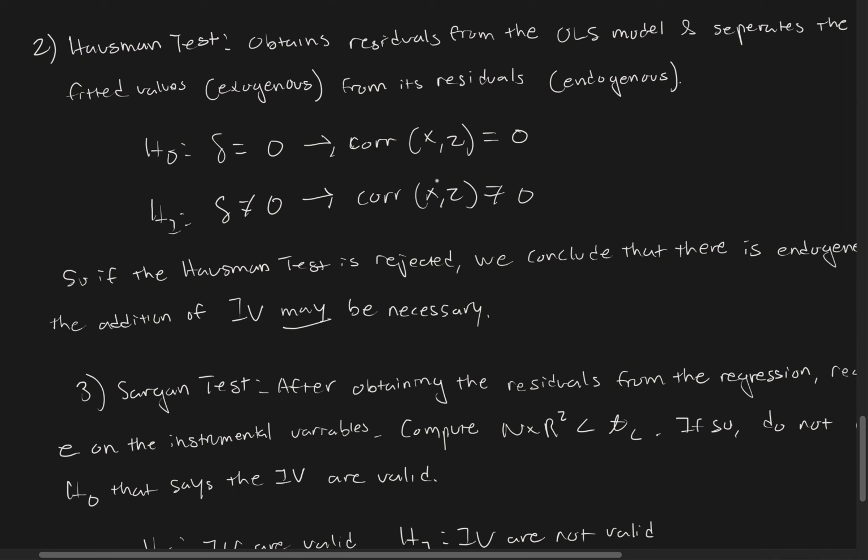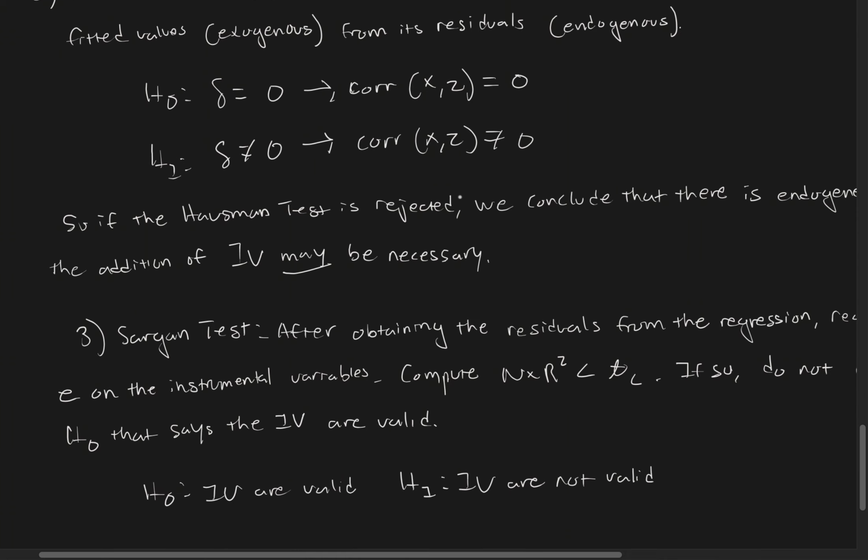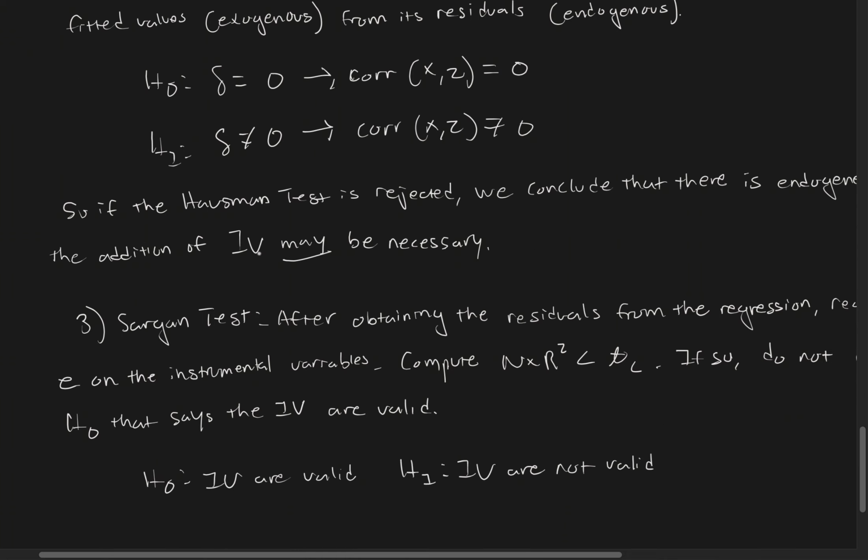And so if this is rejected, we conclude that there is endogeneity. Or yeah, if we want endogeneity, we want the correlation of these two variables to be random. And so we still have to consider the addition of instrumental variables, saying that it may be necessary.